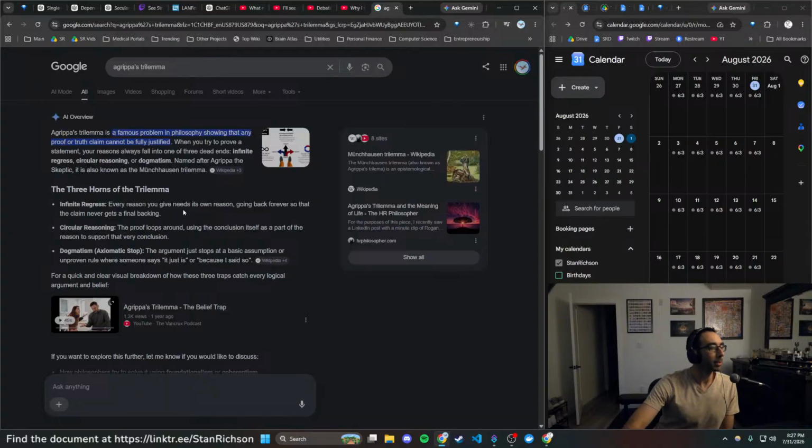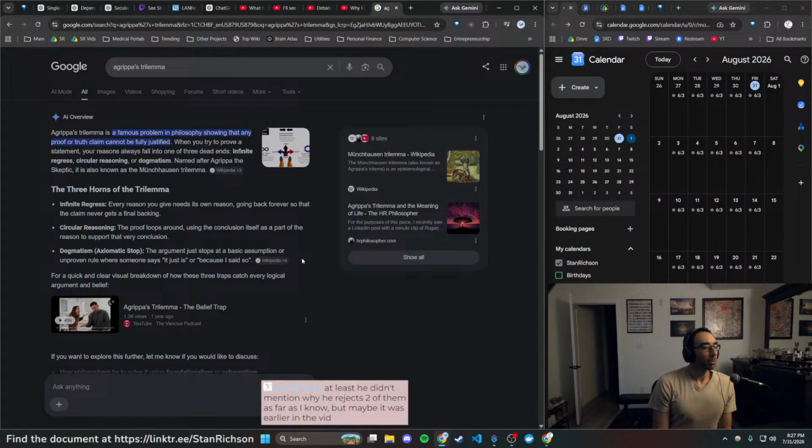So either every reason you give needs its own reason going back forever. Or the proof loops around, using the conclusion itself as a part of the reason to support that very conclusion. And then third, dogmatism, the argument that just stops at a basic assumption or unproven rule where someone says it just is.